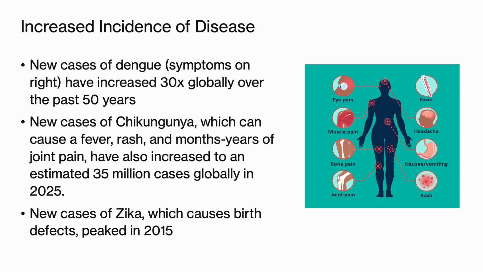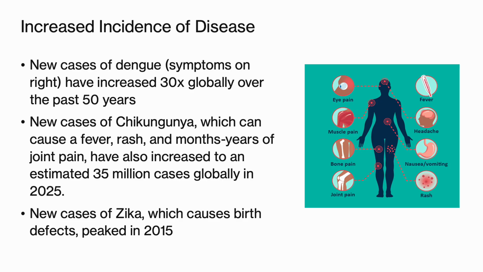This, as I mentioned, leads to increased incidence of disease, so incidence being new cases that are reported of different diseases. So new cases of dengue, which has symptoms on the right, eye pain, muscle pain, joint and bone pain, as well as fevers, headache, nausea, vomiting, and rash, have increased 30 times globally over the past 50 years.